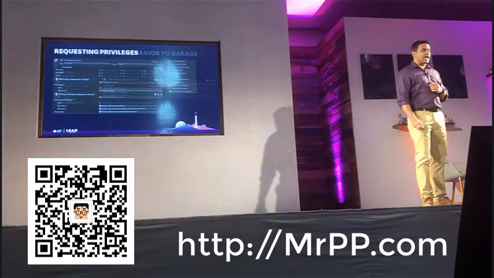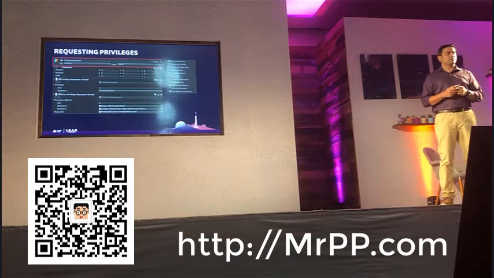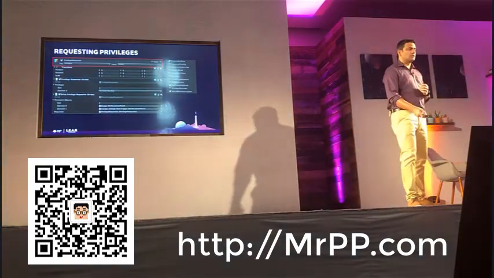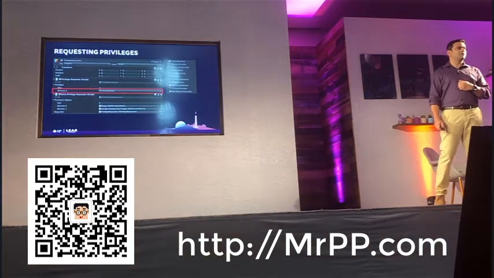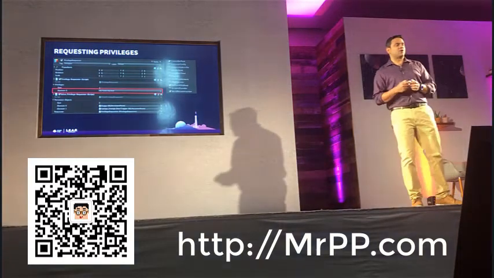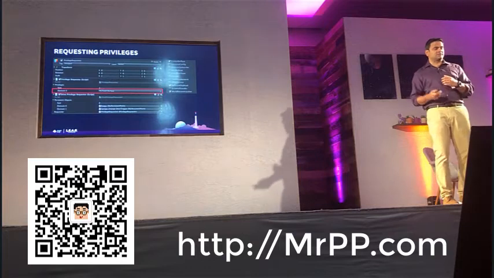So let's see how we can request our privileges. First, we add the privilege requester component. Then we configure it with the PW found object read permission. The PW here stands for Passable World, which is the framework that enables the persistence.